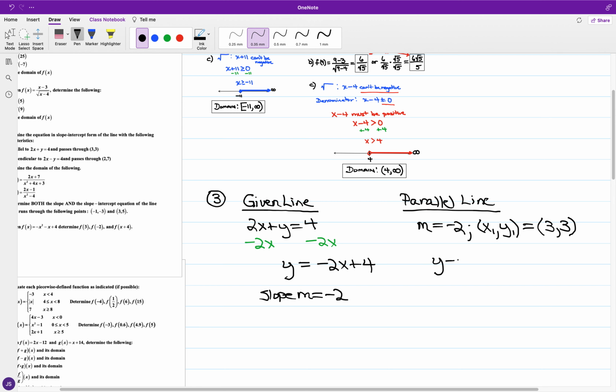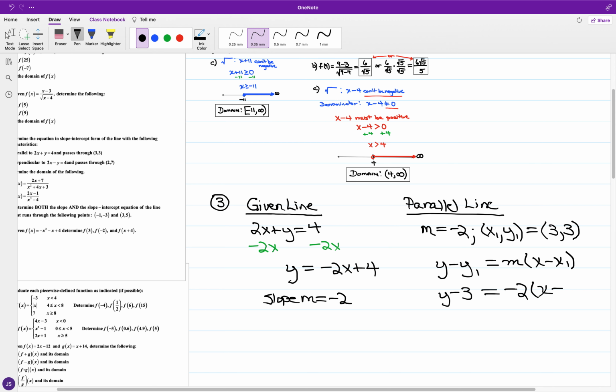So with the point-slope setup, we have y minus y1 is equal to the slope m times the quantity of x minus x1. So filling in, y1 is 3, so y minus 3. For the slope m, again we have negative 2, times the quantity of x minus, and x1 is also 3.